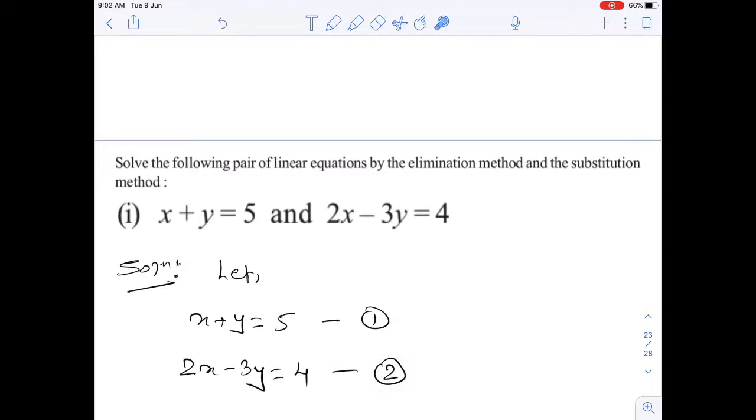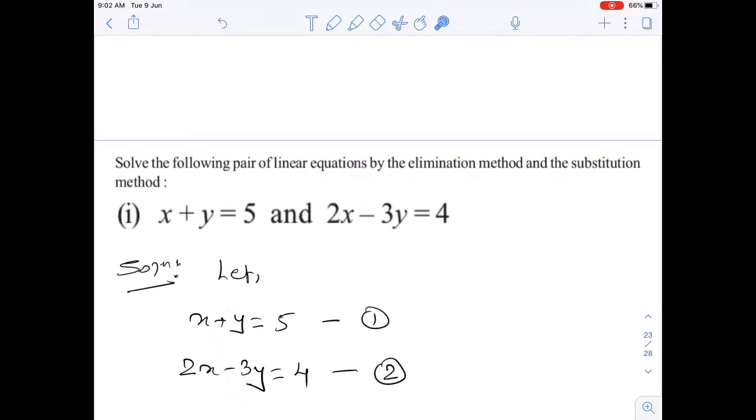Again the same condition: we want to eliminate either x or y. First prefer the variables which have opposite signs. Here x has a plus sign, and here also x has a plus sign, so we won't prefer this one. But here y has a plus sign and here y has a minus sign, so we will try to eliminate this one easily.